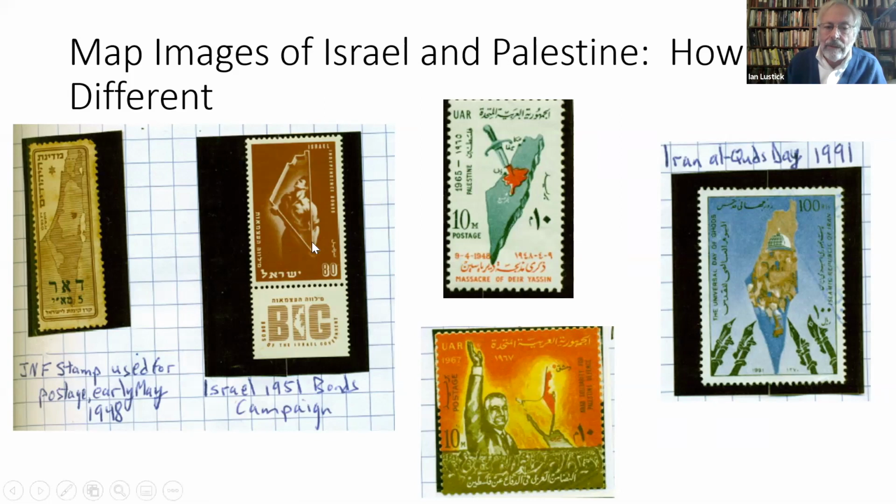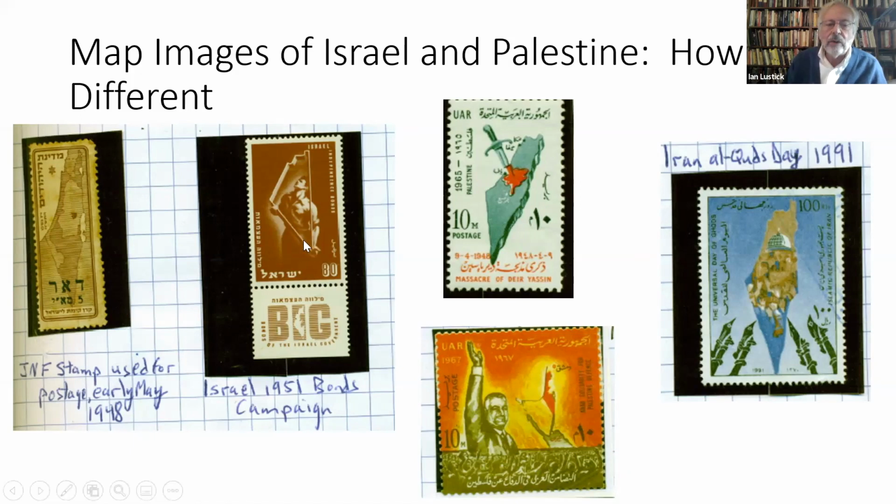Now, this stamp does not show the 1949 armistice lines. This stamp, an Egyptian stamp, which calls for the liberation of Palestine, does show the 1949 armistice lines. Not these lines from 47, but these lines from 1949, as a result of the end of the war.